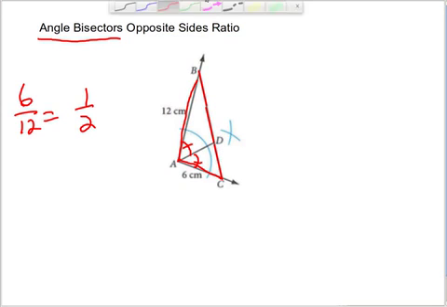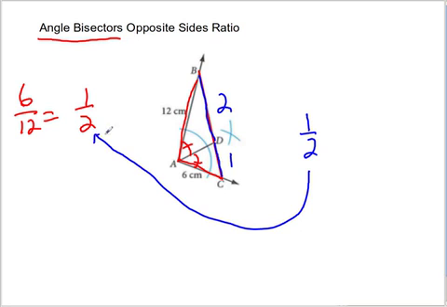In other words, what I'm trying to point out here is that this ratio right here is 1 to 2, which is exactly the same ratio of this leg or side to this side of the triangle.